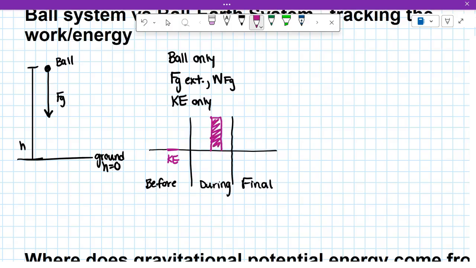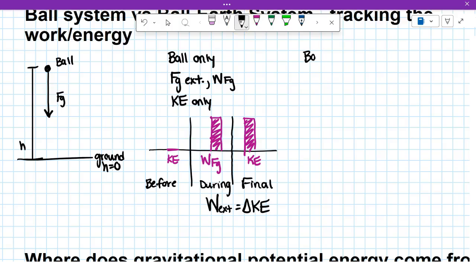So during, we're going to have work done by the force of gravity. And we know that work done by external forces can change the kinetic energy of the system. So all of that work done by the force of gravity goes into increasing my kinetic energy. So that's how we would have approached this system for today.